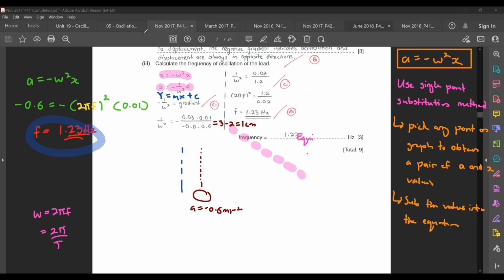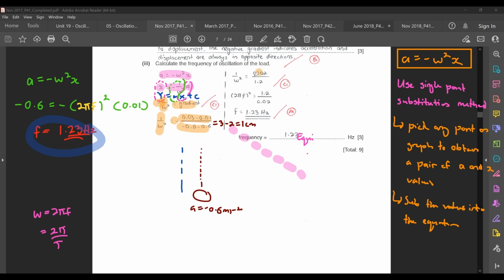Because you can see you have a straight line graph, isn't it? Because your y-axis is your displacement and your x-axis is your acceleration, you have to rearrange your equation like this, so that your gradient is going to be negative 1 over omega squared. So negative 1 over omega squared is your gradient, and 1 over omega squared is your negative gradient.